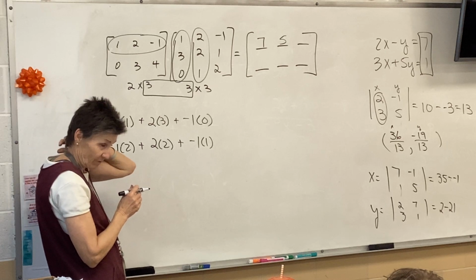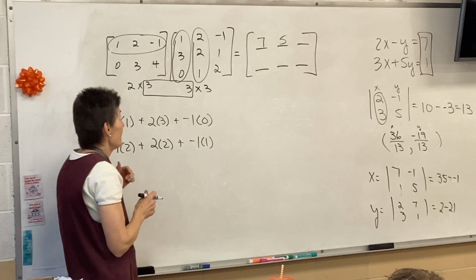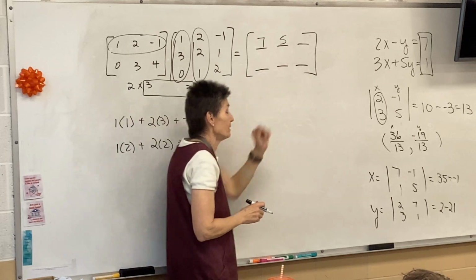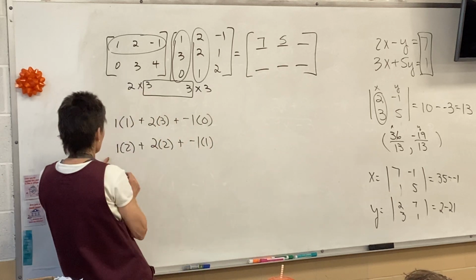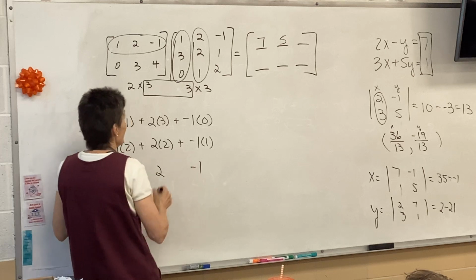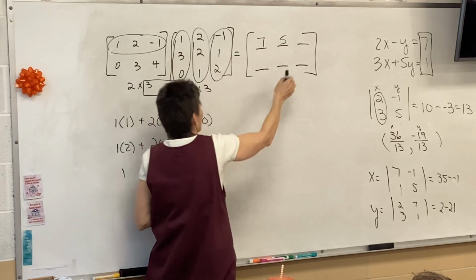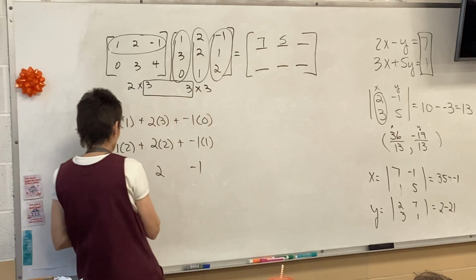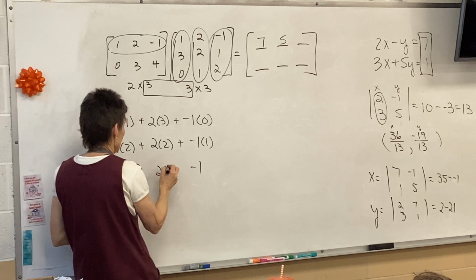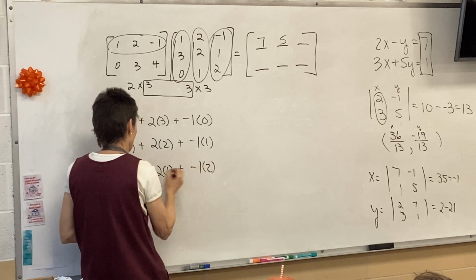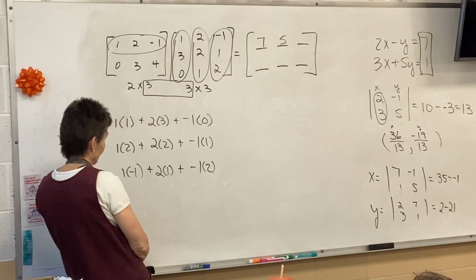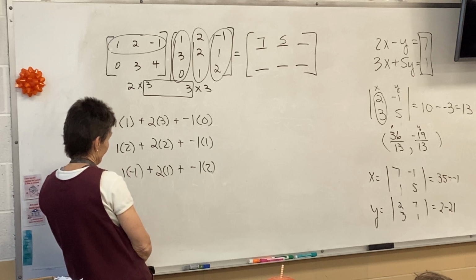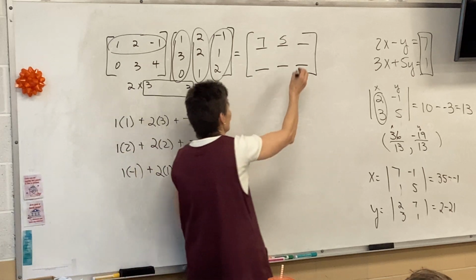And finally, we're still in row 1, so we're still using 1, 2, -1, but now you're matching it up with column 3. So -1, 1, 2. -1. That's what I got, -1.